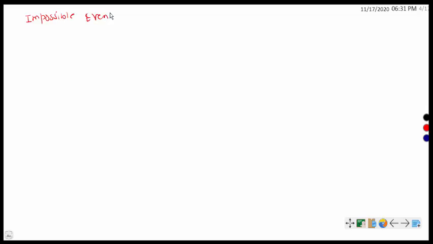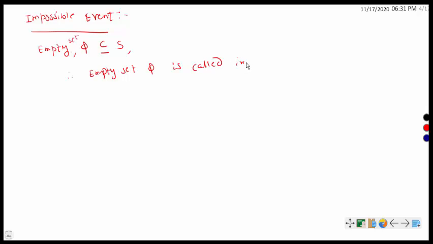We already know that the empty set phi is always contained in S, always a subset of S. This empty set phi is called the impossible event.